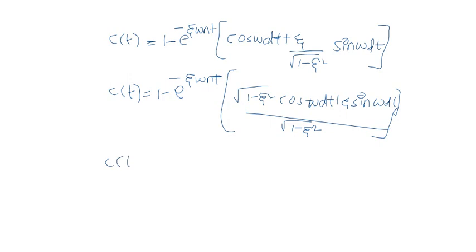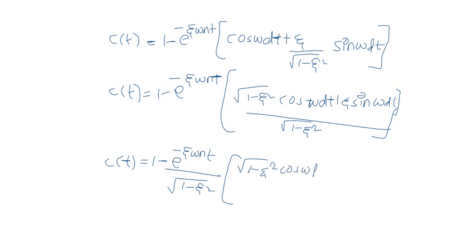So the C of t becomes 1 minus e power minus zeta omega nt divided by under root of 1 minus zeta square, and here we are having under root of 1 minus zeta square, cos omega dt plus, this is a plus term, zeta sine omega dt.